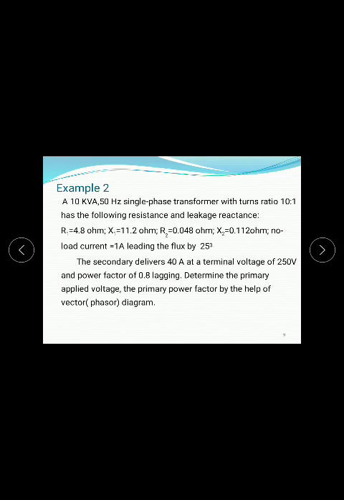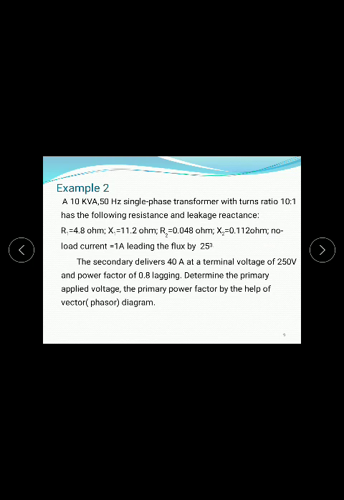Now go for example 2, the second problem. A 10 kVA, 50 Hz single phase transformer with turns ratio 10:1 has the following resistance and leakage reactance: R1 is 4.8 ohms and X1 is 11.2 ohms, and R2 is 0.048 ohms and X2 is 0.112 ohms.